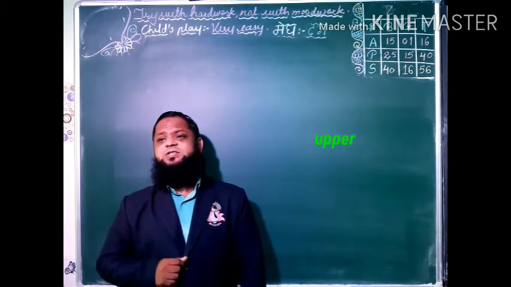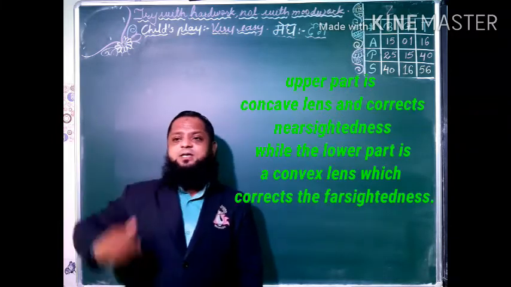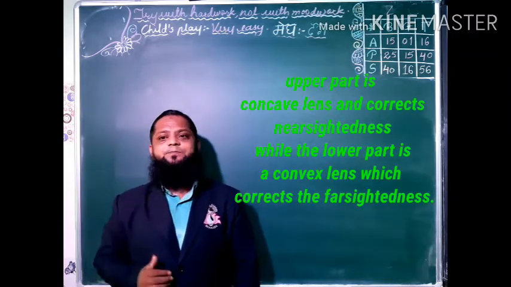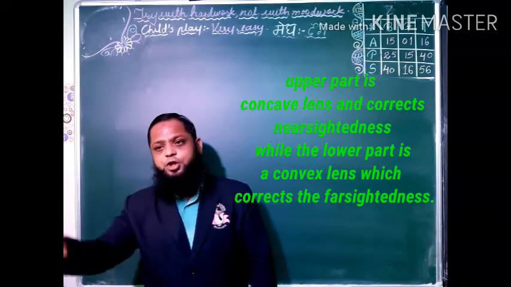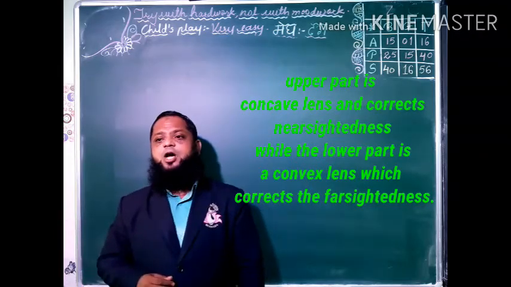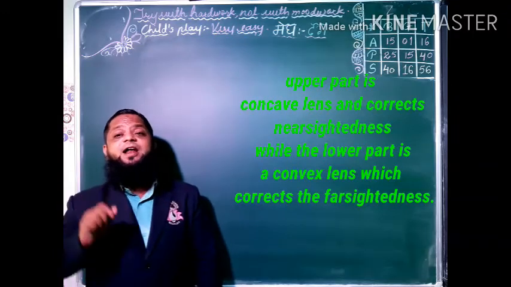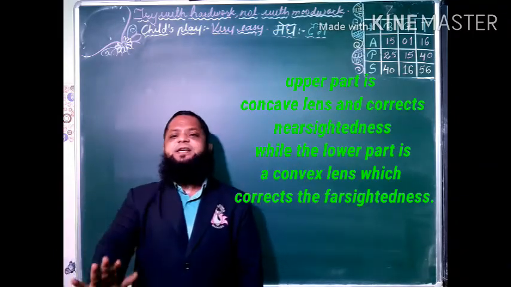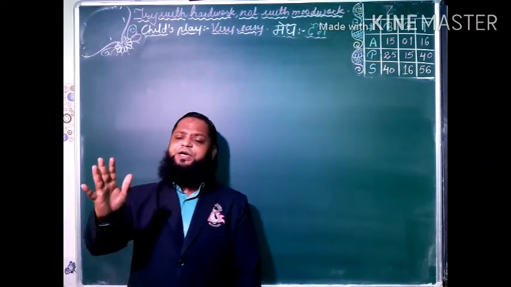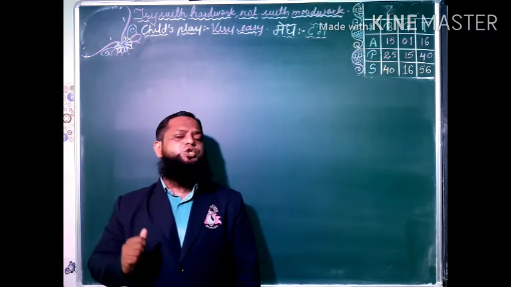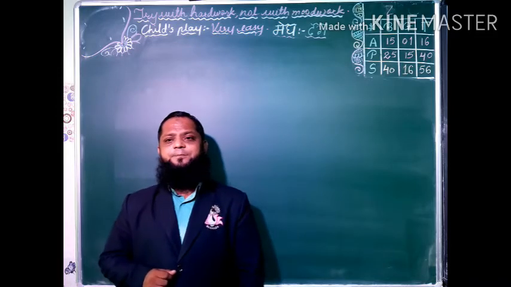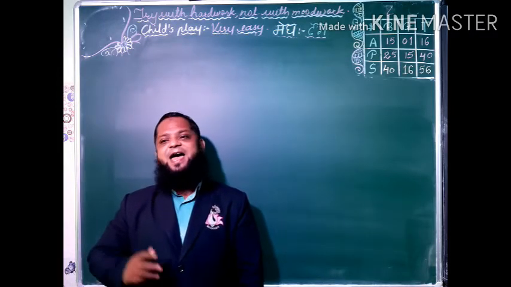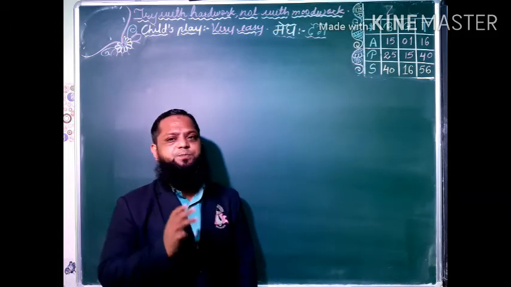In such lenses, the upper part is a concave lens and corrects nearsightedness, while the lower part is a convex lens which corrects the farsightedness. So these are the three defects that we studied today. First one is myopia, second one is hypermetropia, and third one is presbyopia.